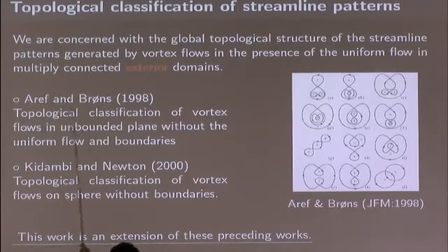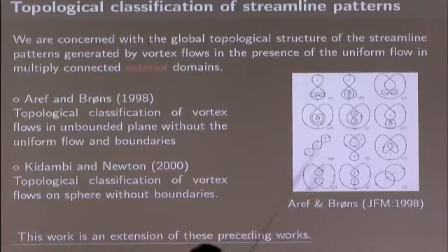And Alexander and Bond drew a picture like this. This is a saddle, and they dealt with all flows. For example, these are homoclinic orbits. They also dealt with heteroclinic orbits.